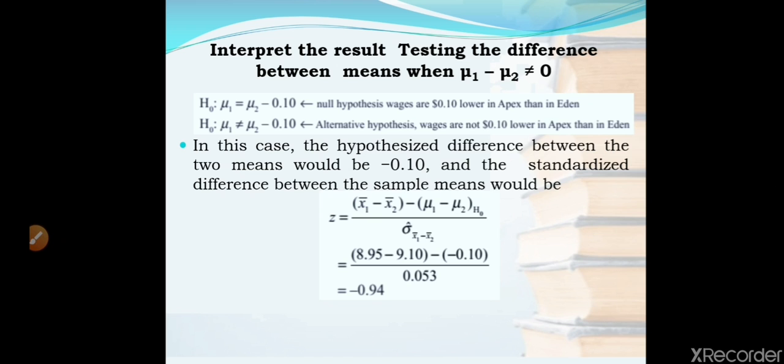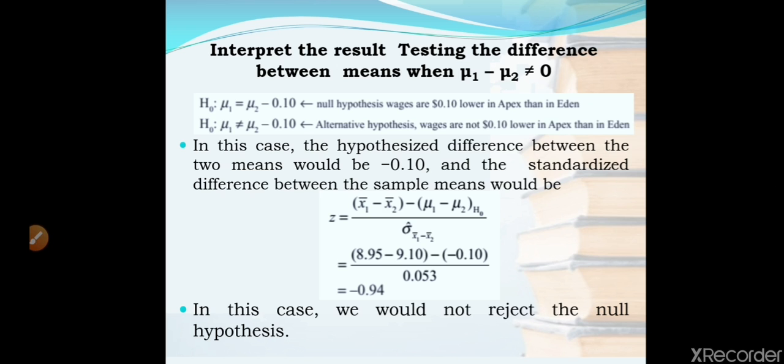So in this case, mu1 minus mu2 under H0 is given as minus 0.10. Z comes out to be minus 0.94. The rest of the procedure would be the same, and in this case we will not reject the null hypothesis because it comes in the acceptance region.